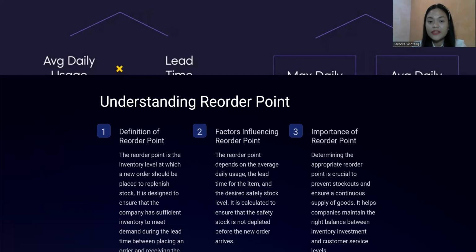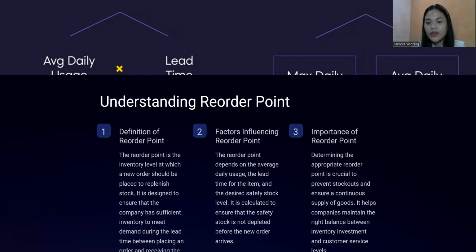Second, factors influencing the reorder point. The reorder point depends on the average daily usage, the lead time for the item, and desired safety stock level. It is calculated to ensure that the safety stock is not depleted before the new order arrives.